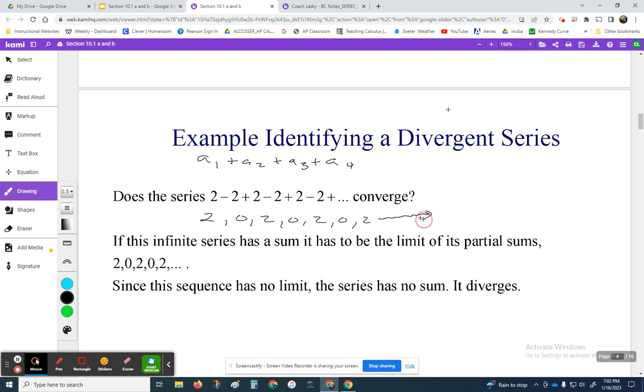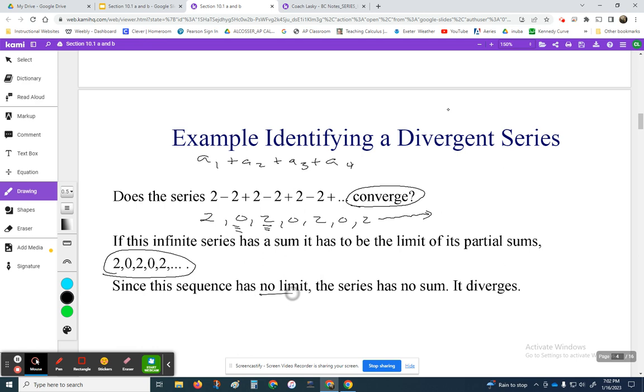So the idea is, does it converge on a single number? Well, we don't know if it converges on 0 or on 2. Since this infinite series has a sum only if its partial sums have a limit, and we don't know what limit it approaches, it's either 0 or 2.